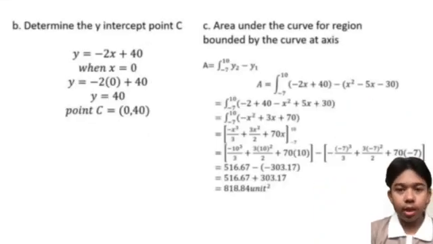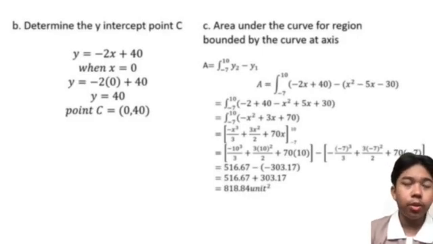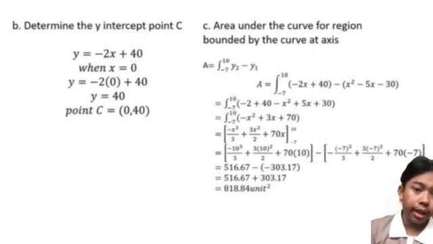Alright, so now we will move on to C, which is the area under the curve for the region bounded by the curve and axis. For this question, we will use the integration formula of area, which is A equals integrate negative 7 to 10 of y2 minus y1.